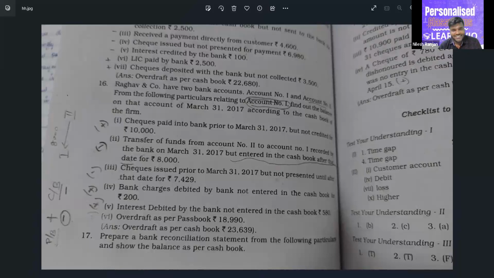But when you go for revision, you will see the answer written here already, plus minus, so you will not be able to practice more questions. No, sir, this is my first time opening the textbook to do some things.